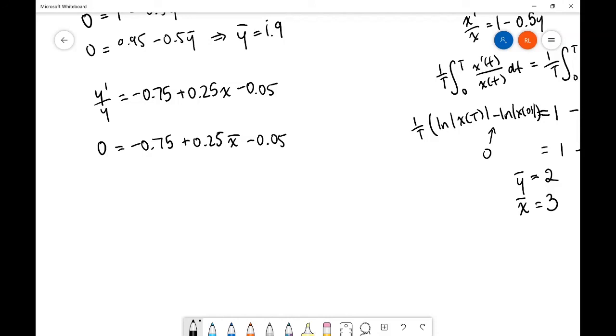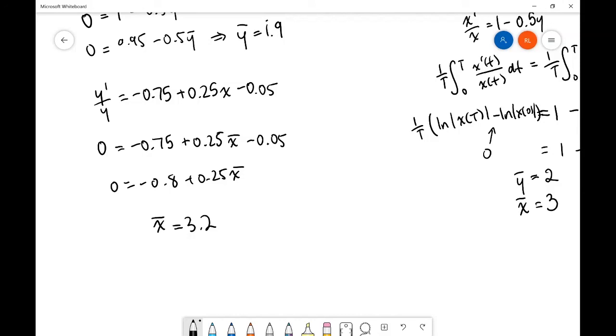This means that 0 is equal to negative 0.8 plus 0.25 x average, and x average is now 3.2. So even though they're still closed orbits, our averages, right, our equilibrium points sort of changed because of the presence of fishing.